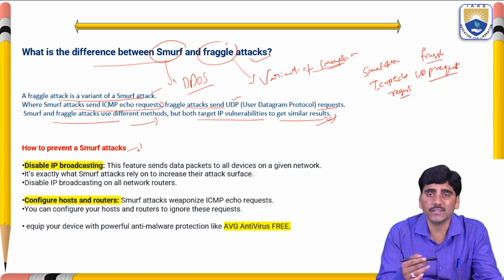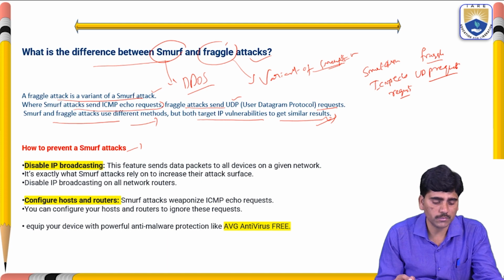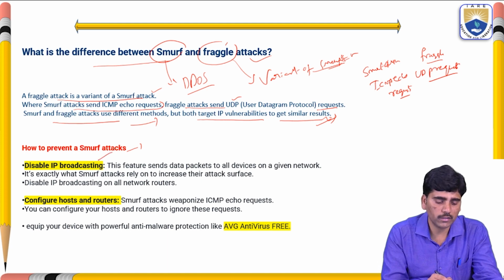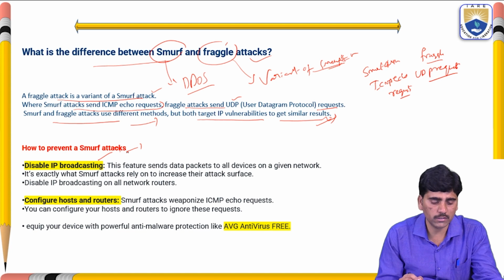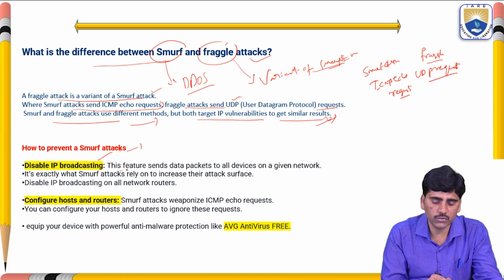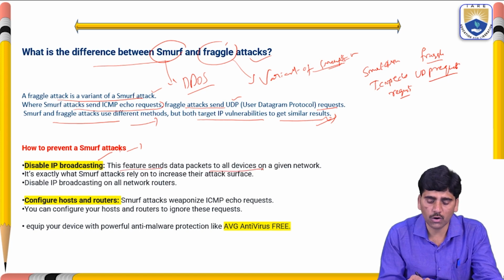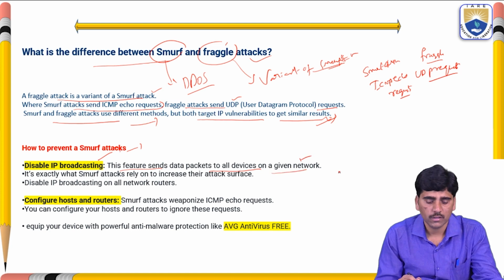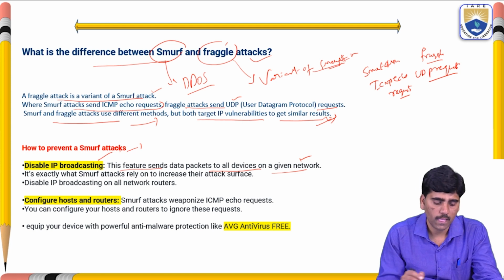So how do we prevent Smurf attacks? One way is to disable IP broadcasting. That means we can hide the IP address by using certain tools and techniques. This feature sends data packets to all devices on a given network, which is exactly what Smurf attacks rely on to increase their attack surface.